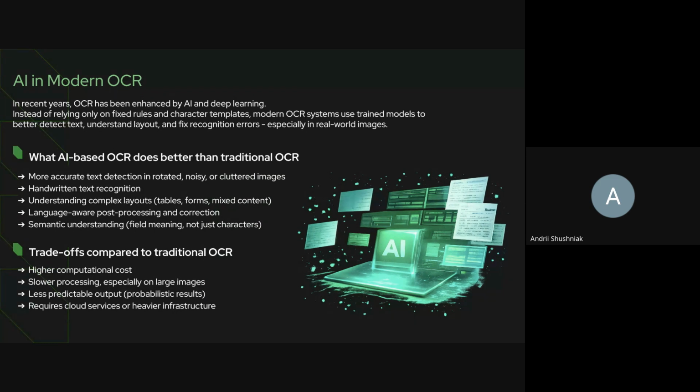And I mentioned it multiple times throughout the whole presentation. The AI, of course, like in any other technology, is widely used, and in OCR, it makes perfect sense to use it. It makes results much more reliable and better.